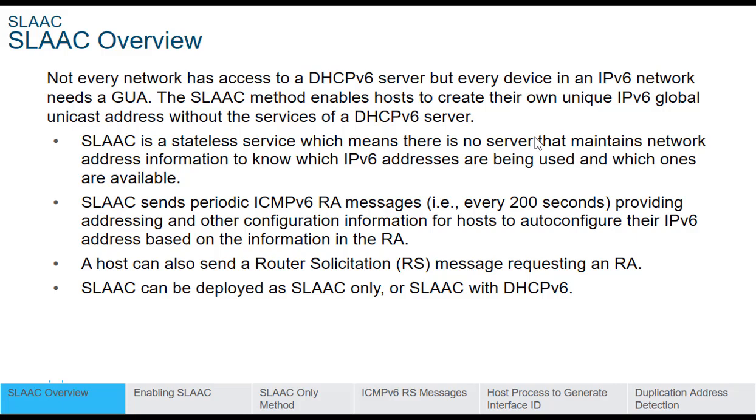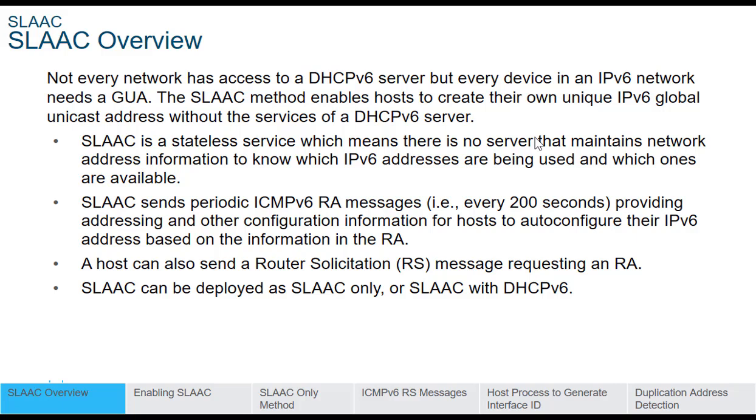It means there is no server that maintains network address information to know which IPv6 addresses are being used and which ones are available. Now there's a whole lot of IPv6 addresses available, but what's important in a network is for you to be able to manage the use of those IPv6 resources.